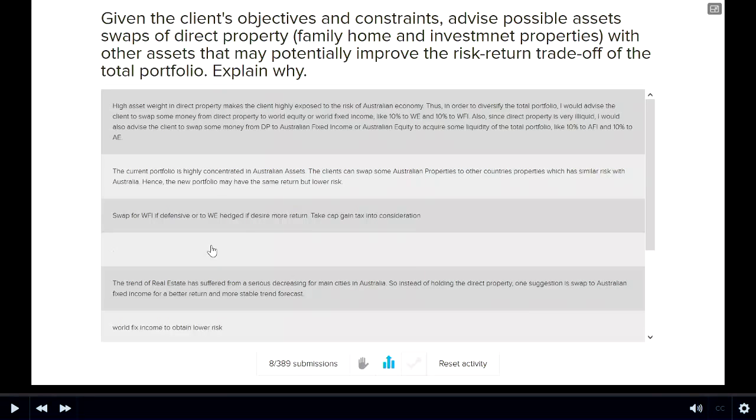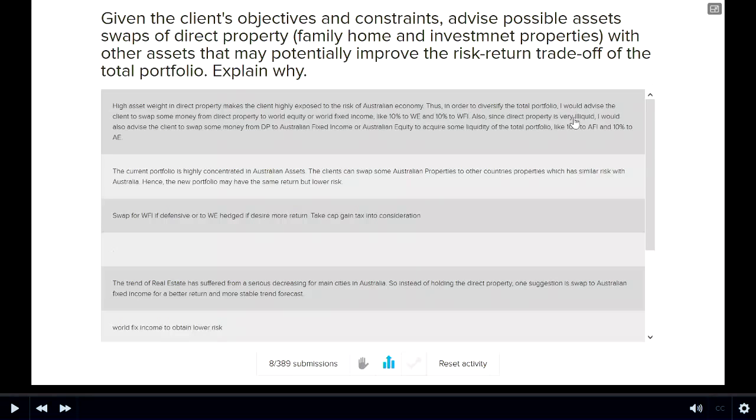They are very good. So the first one: high asset weights in direct property make the client highly exposed to the risk of the Australian economy. So concentrated risk of the Australian economy. To diversify this risk, advise swapping the direct property to world equity or world fixed income. And it also discusses the illiquidity risk of direct property.